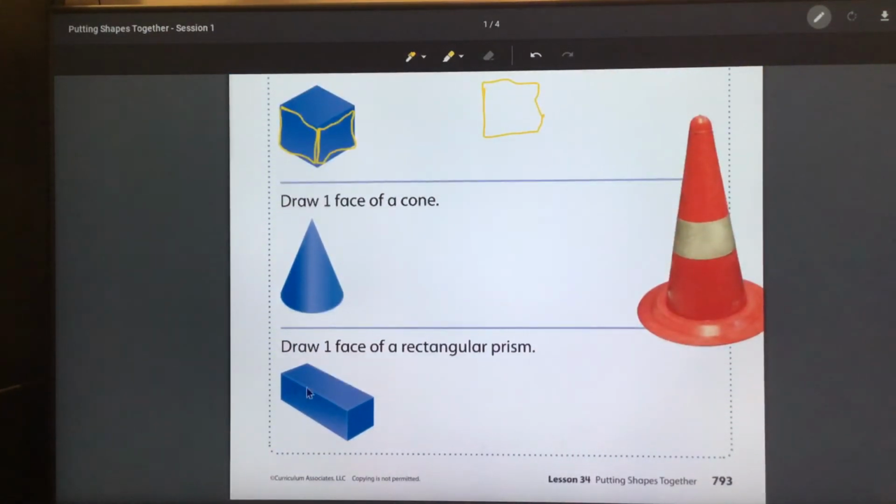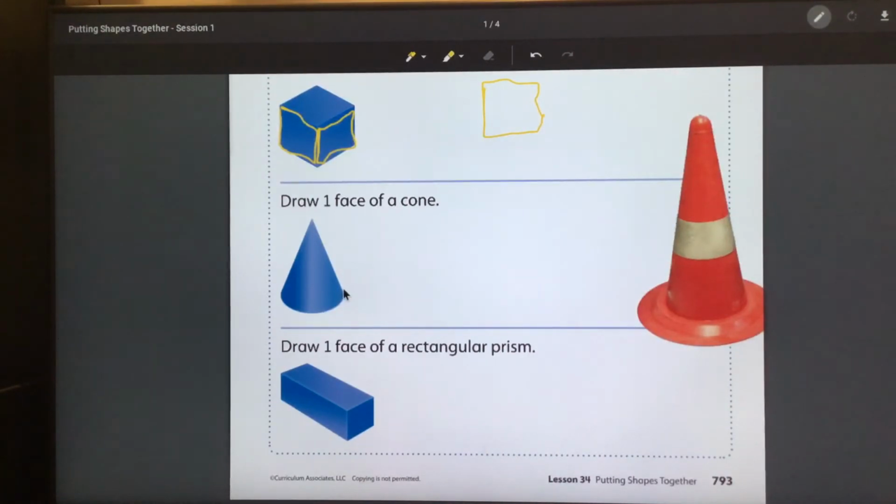Now it says to draw one face of a cone. You can't see the flat face of the cone, but on the bottom here is the flat side. If you had a cone at home, or if you look over here at this cone, you can see the bottom of it is the flat part. And if you were to trace around this, what shape would you get?